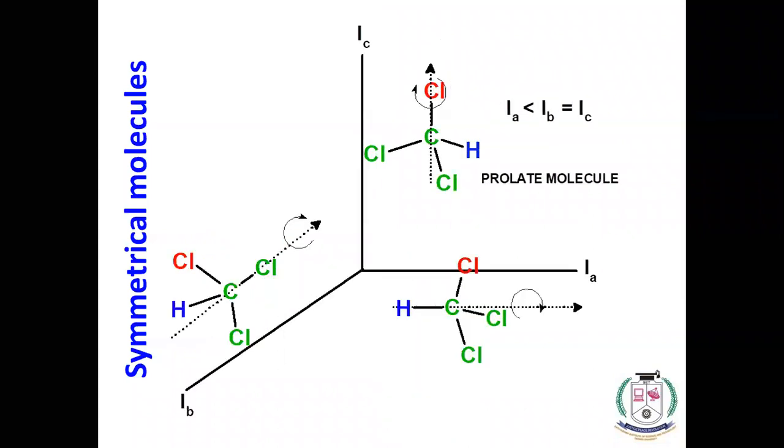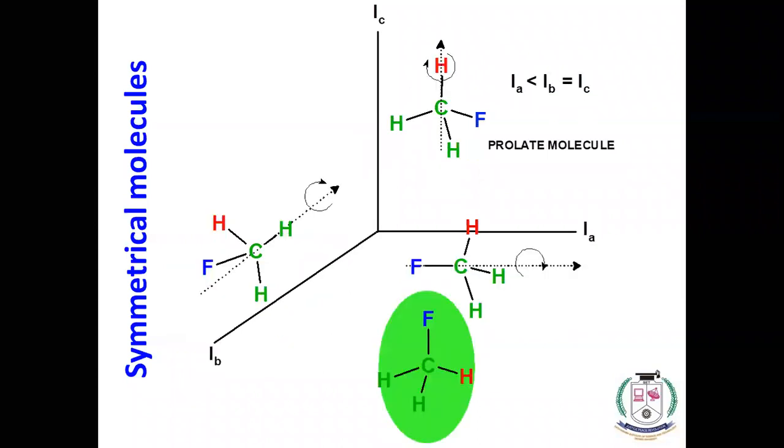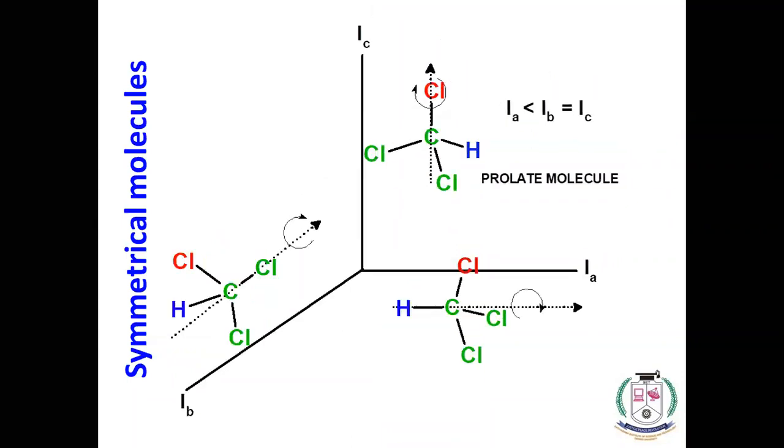Okay. Similarly, instead of substituting one hydrogen with fluorine, we are replacing 3 hydrogens with 3 chlorines. That is chloroform. Chloroform also comes as a prolate molecule, because Ia is less and Ib equal to Ic.